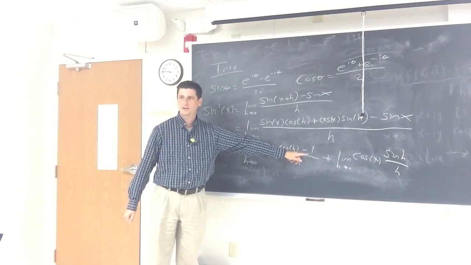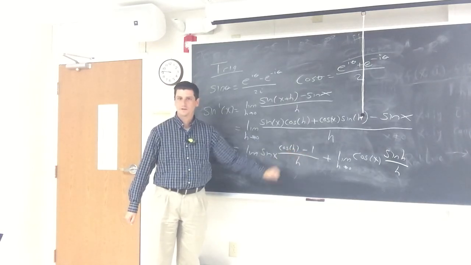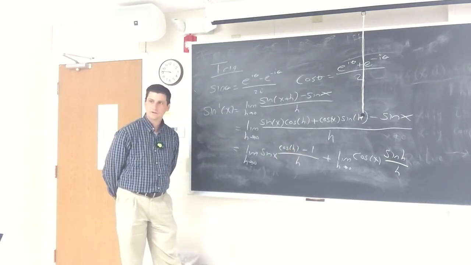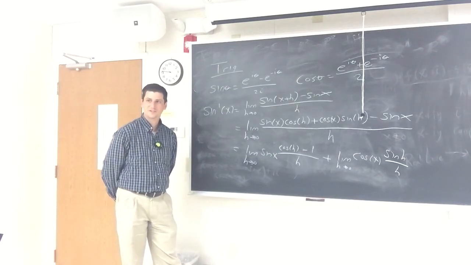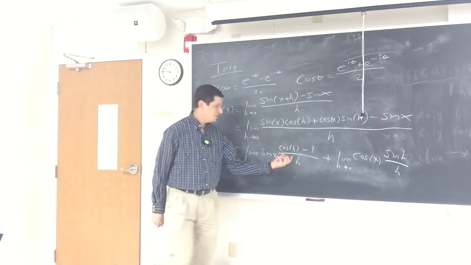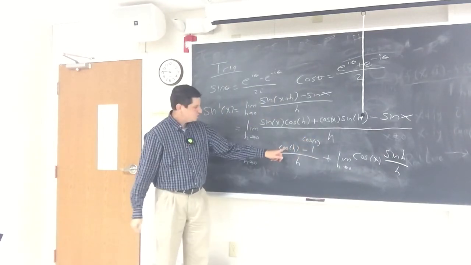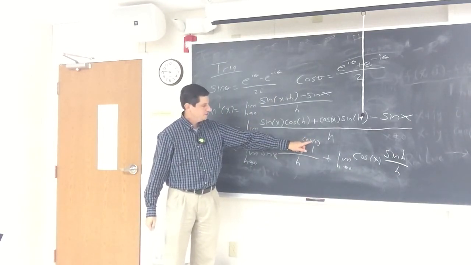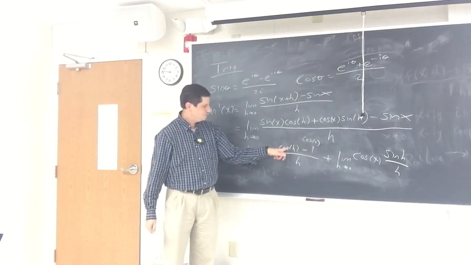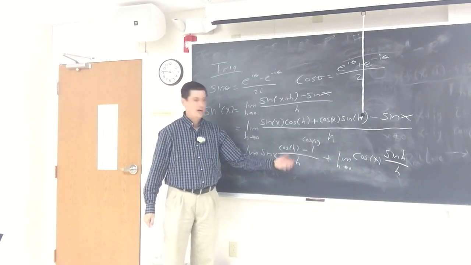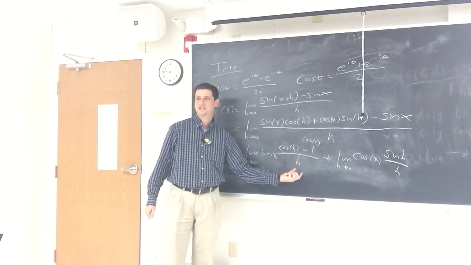How should I view the 1 here? Any thoughts? Yeah, it's cosine of 0. This is really cosine of 0. And so now I have cosine of (0 plus h) minus cosine of 0, over h. This is the derivative of cosine at 0.